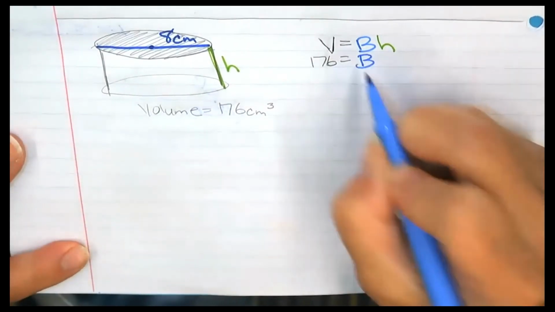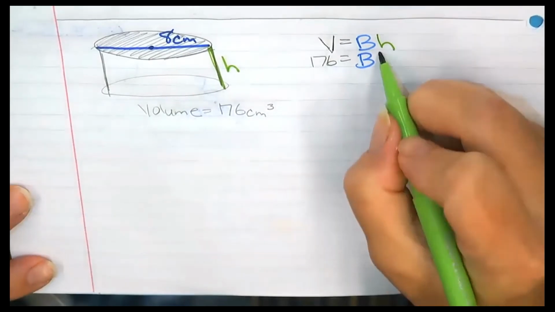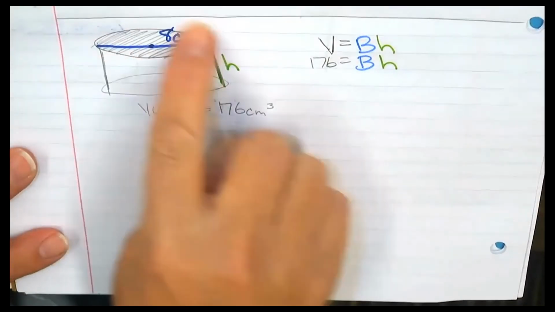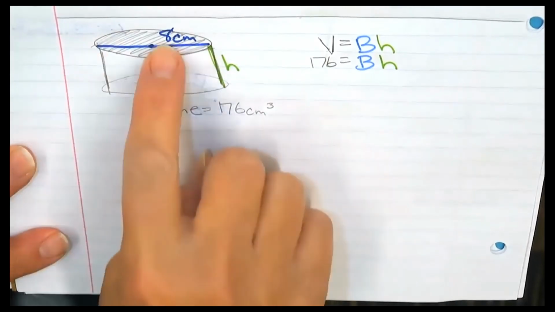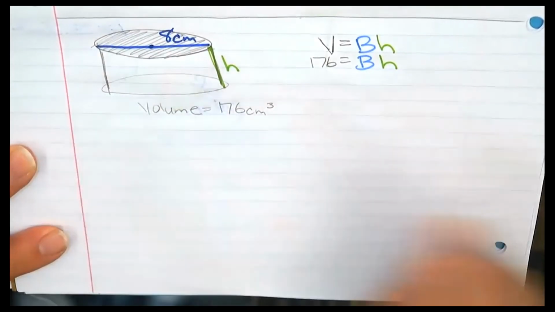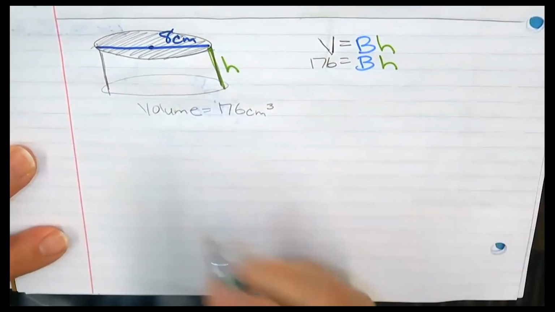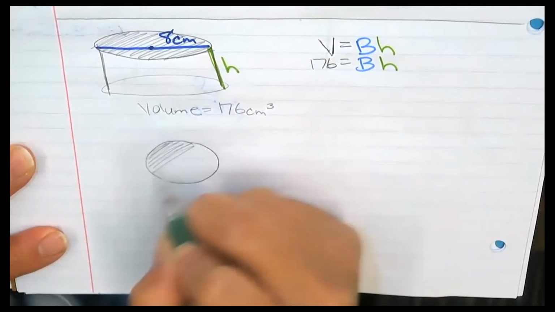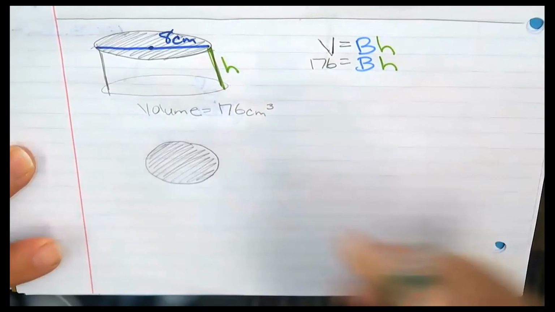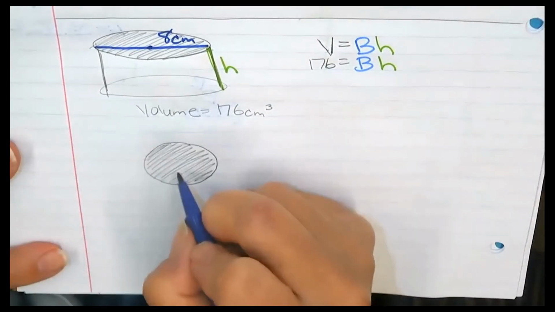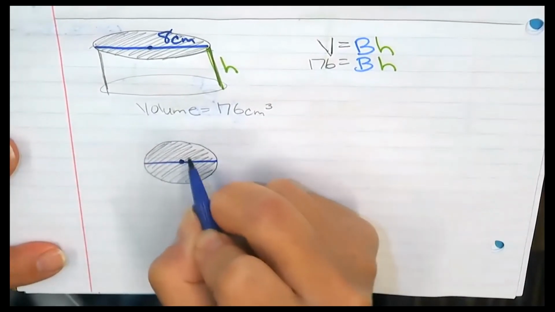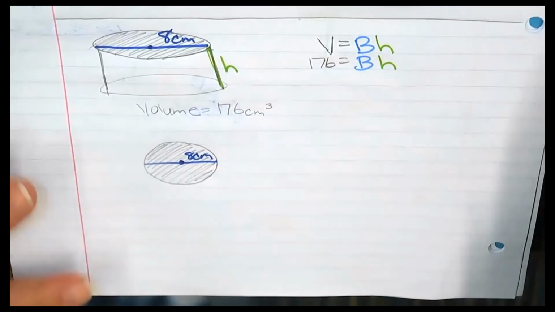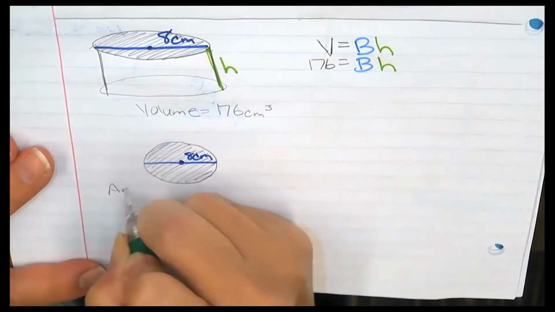We don't know our base and we don't know our height, but we can figure out the area of the base. We can figure that out. So we have our base, which is a circle. They're telling us that the diameter is 8 centimeters. We can figure out the area of the base.